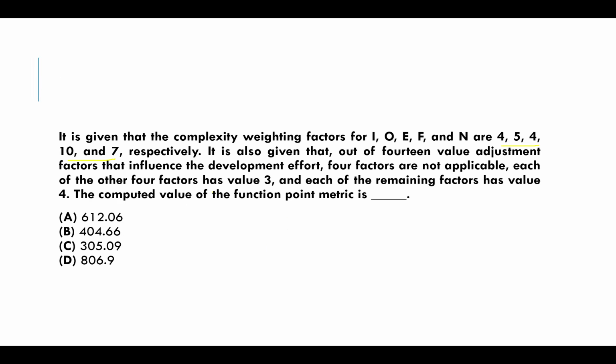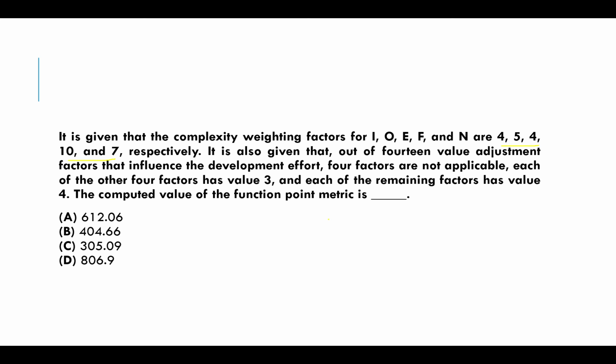It is also given that out of the 14 value adjustment factors that influence the development effort, 4 factors are not applicable, so it means that 4 factors have zero influence. So 4 into 0.